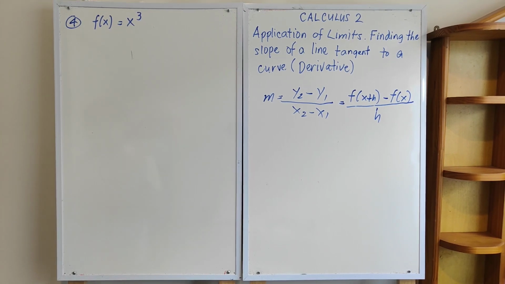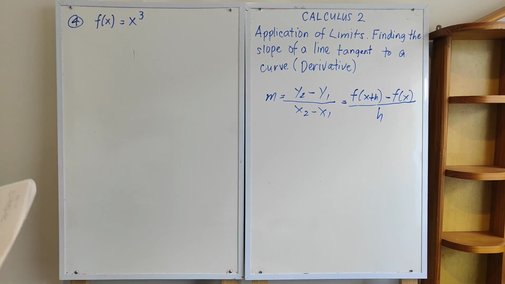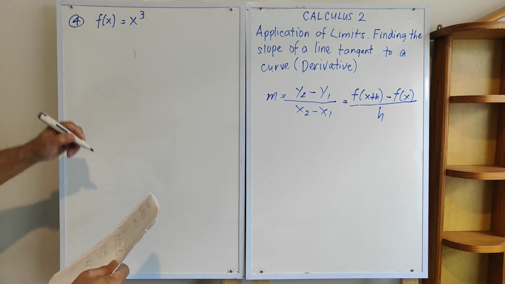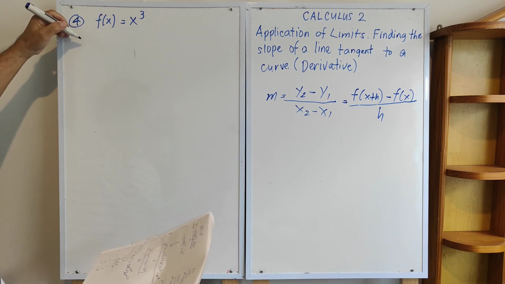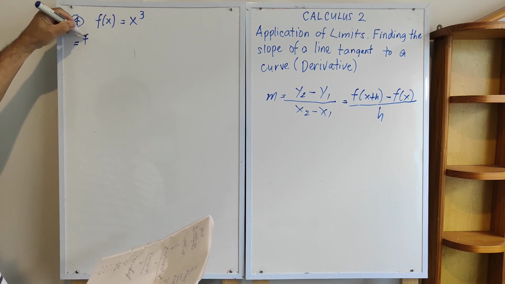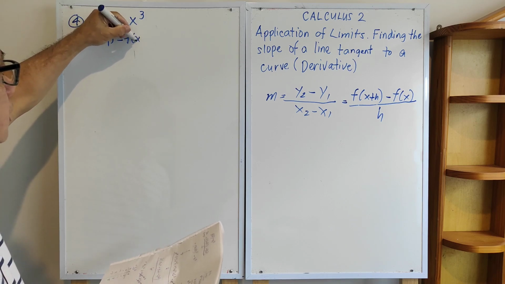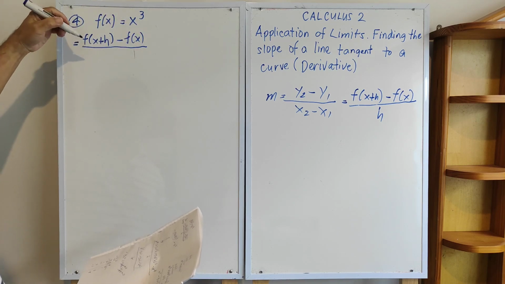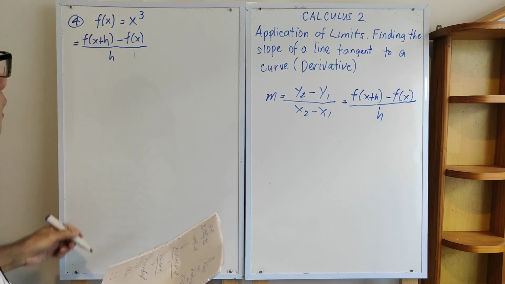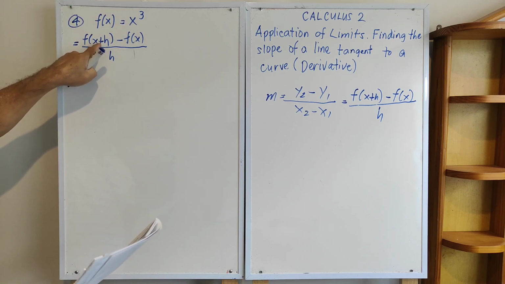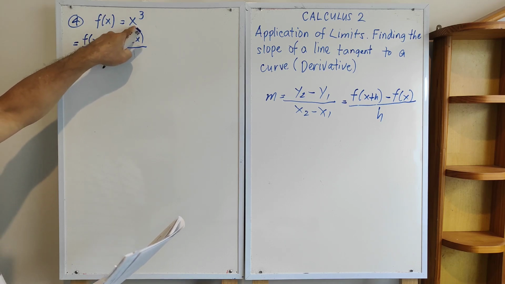Example 4, the function of x is x cubed. So I'll just write the formula, function of x plus h minus the function of x over h. Now this x plus h we will put inside here.